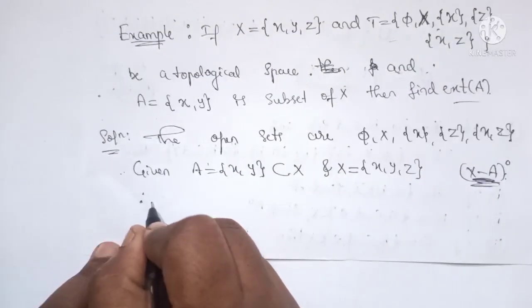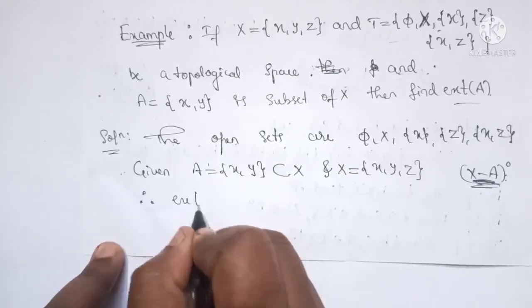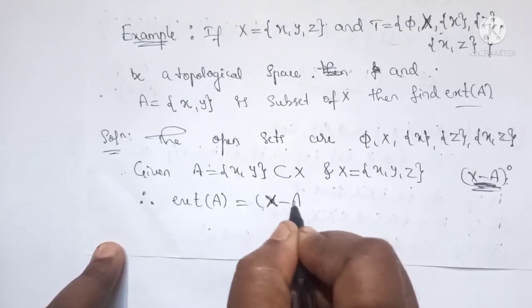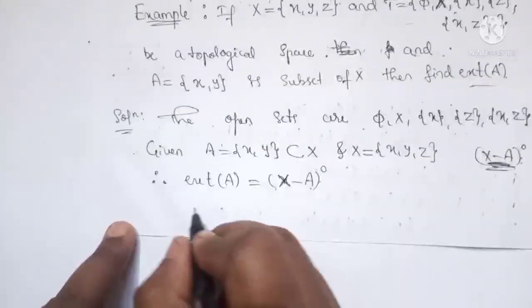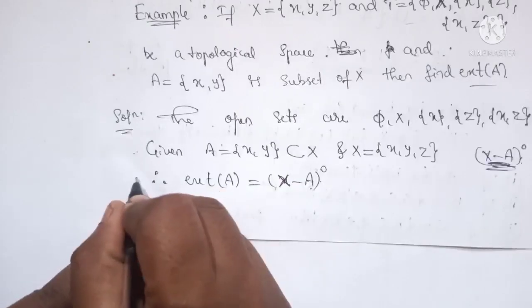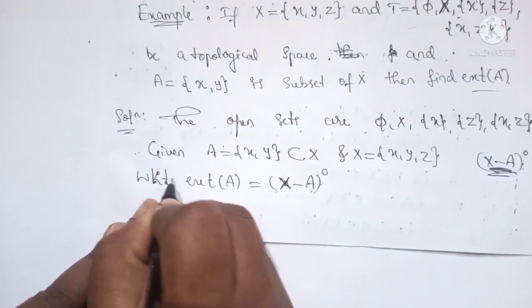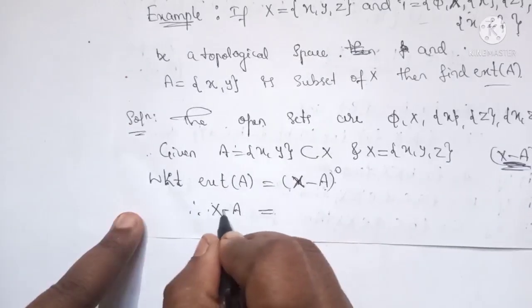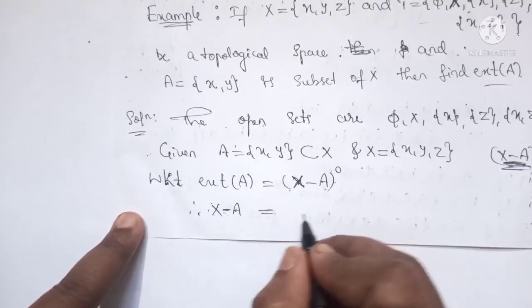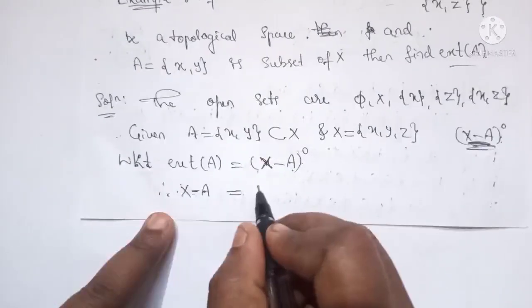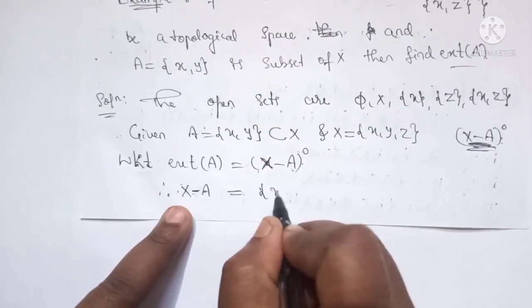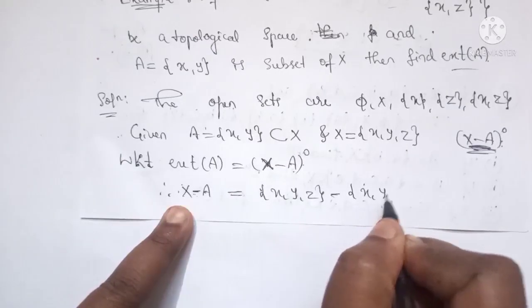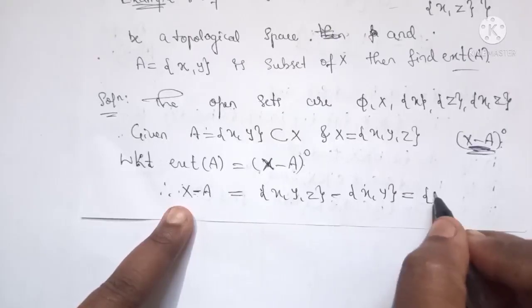Therefore, to find exterior of A, first we need X minus A. So X minus A is equal to {x, y, z} minus {x, y}, which is equal to {z}.